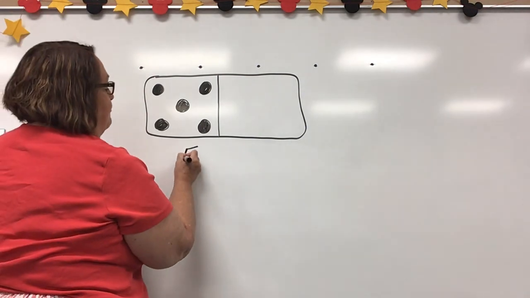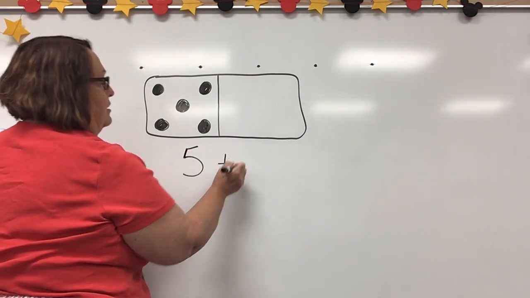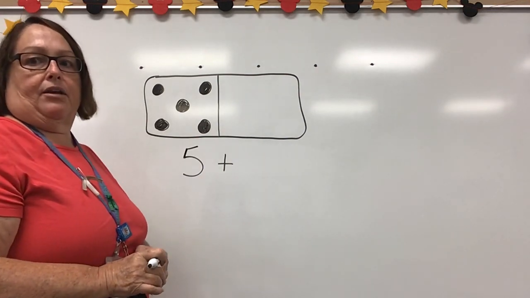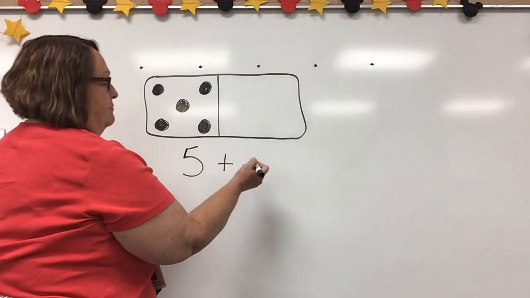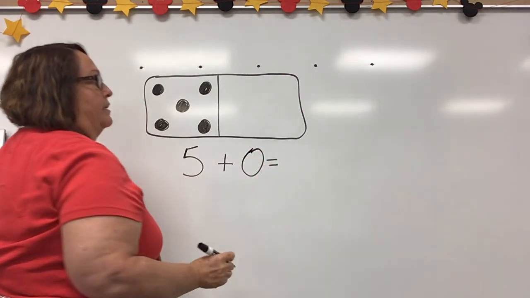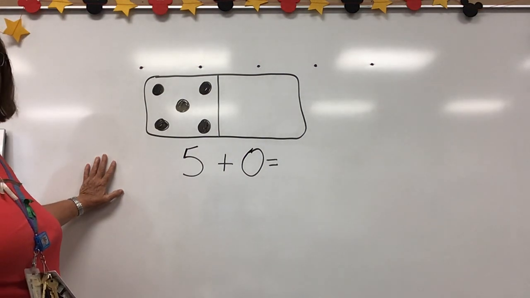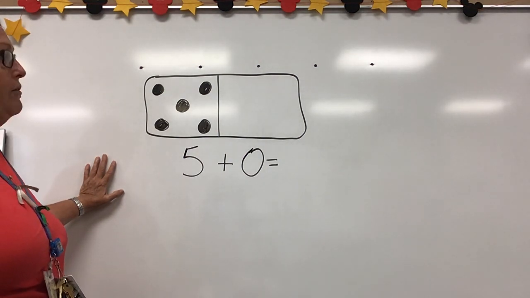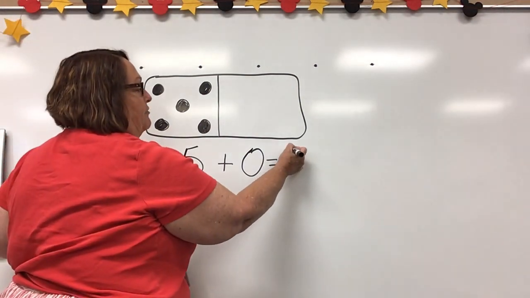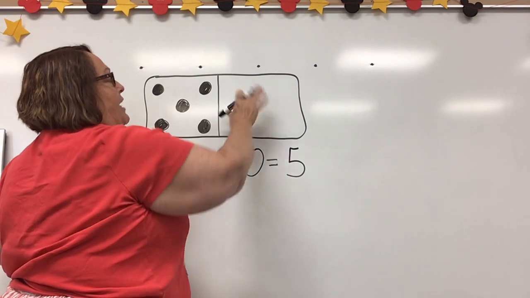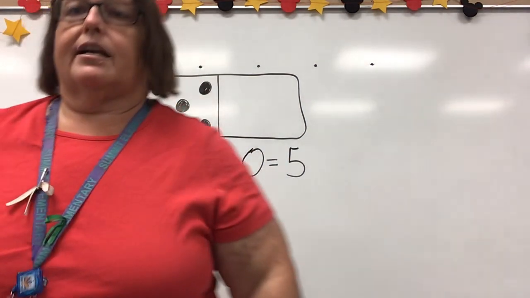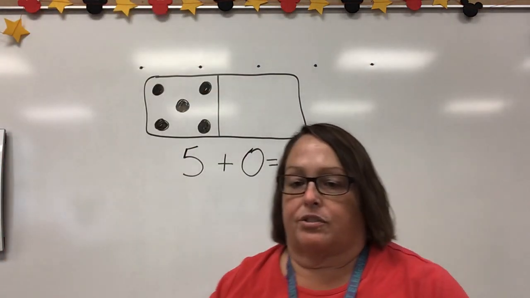Now I have 5 in my first part. How many dots do I have in my other part of my domino? There aren't any. So I have to put a 0. How many are on the whole domino now? There are still 5. It's kind of like I took the domino I had before and just turned it around, didn't I? I just turned it around.